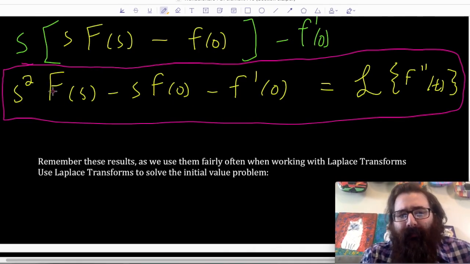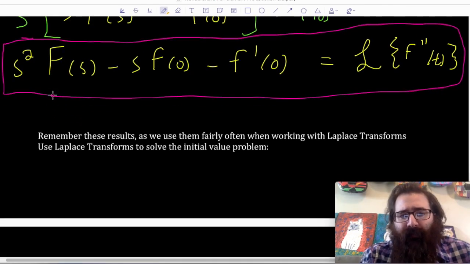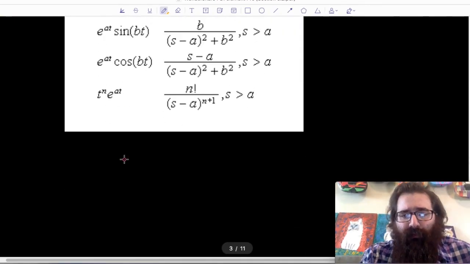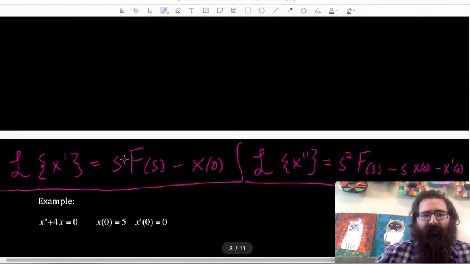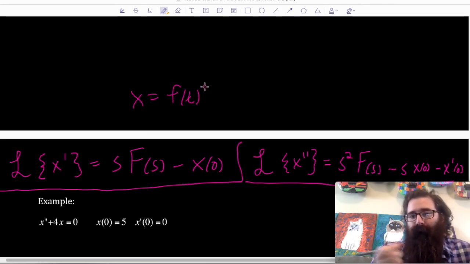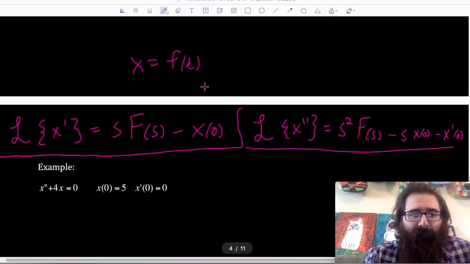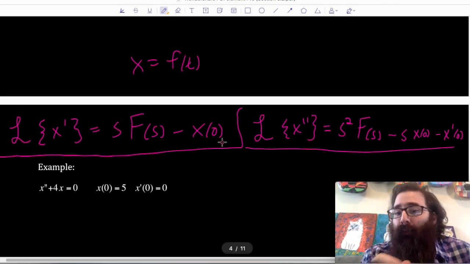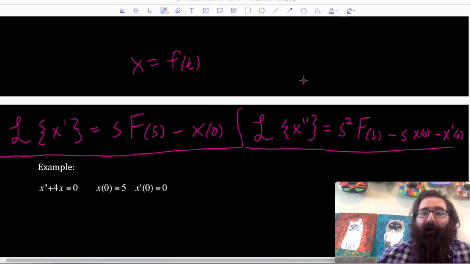And if you don't want to use big F, some other notation that we typically see is a capital X at s, but I'm not going to worry too much about it, since essentially I'm using these ideas interchangeably, that x is equal to little f at t anyway. So I'll make those substitutions where I think it's going to matter the most, and you could change them if you want to.